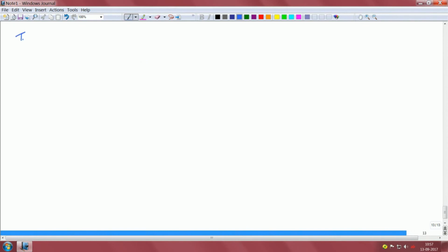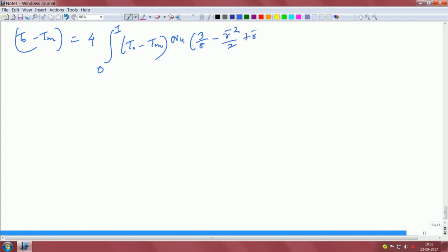So T naught minus Tm is equal to 4 into the integral from 0 to 1, again substituting with the Nusselt number times 3 by 8 minus r square by 2 plus r to the power of 4 by 8, into 1 minus r bar square, r dr bar, right? So that is the substitution.